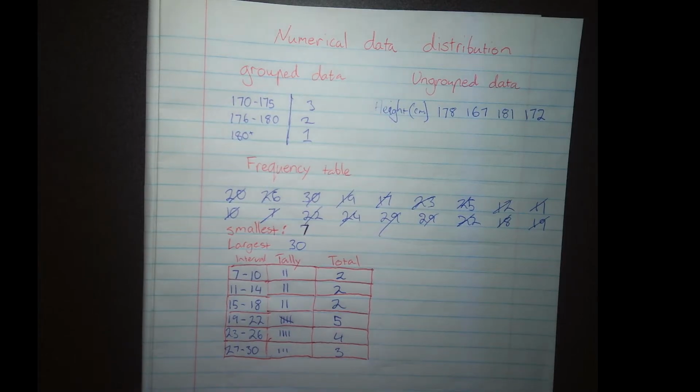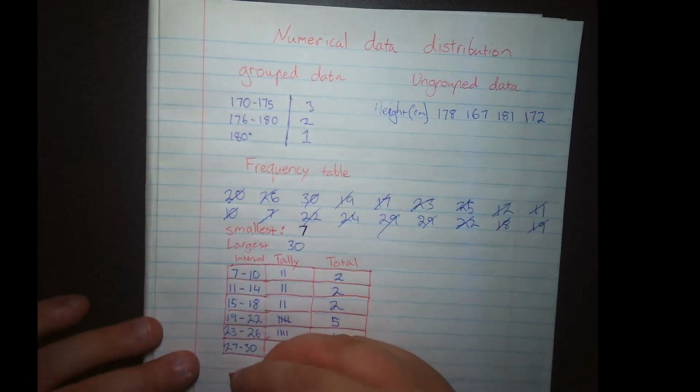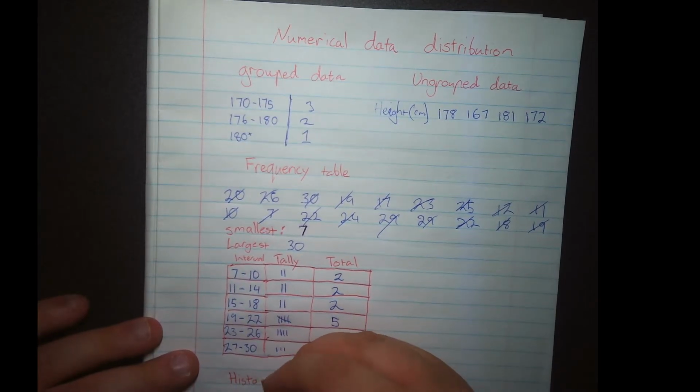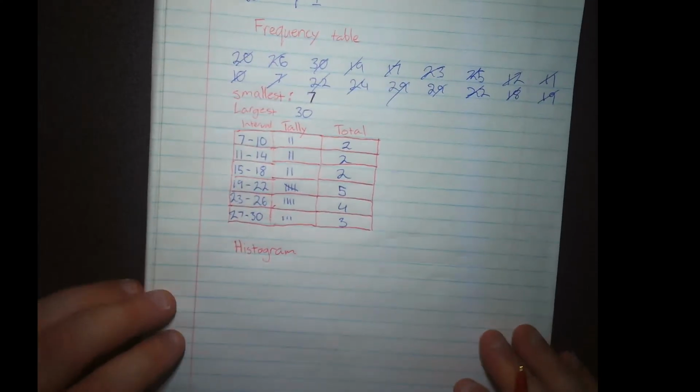So I've just done a little thing to put it together. That's one way that you can lay out your numerical data. You can actually take this as well and use it to make other data displays too. So let's make a histogram now. I'm just going to scooch that up a smidge so you can see.